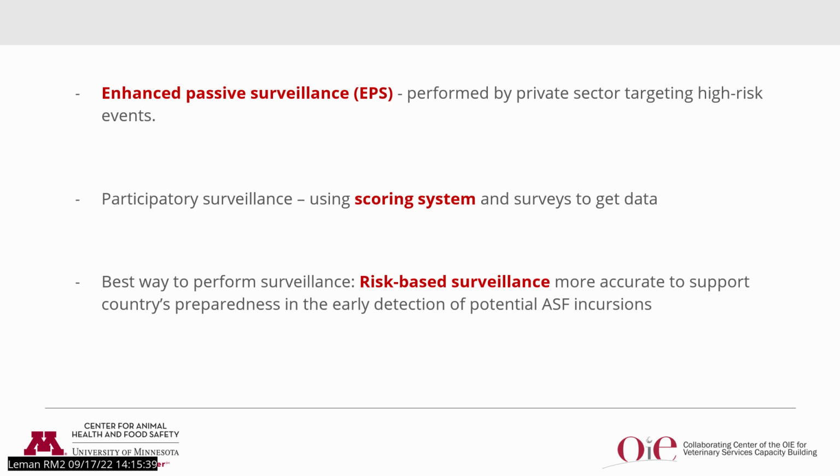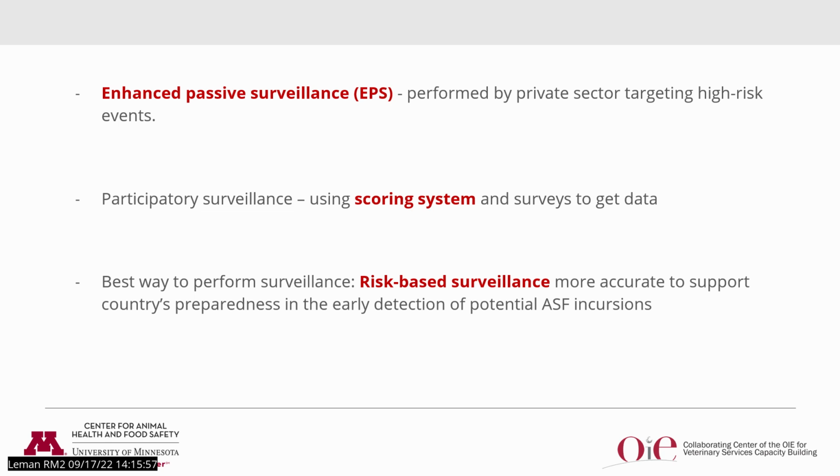So the concepts that we have been working with have been defined by some as enhanced passive surveillance, which basically refers to those activities that are performed by the private sector targeting certain events that are considered high risk.